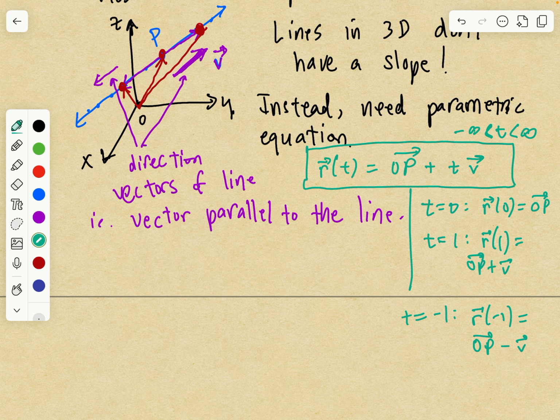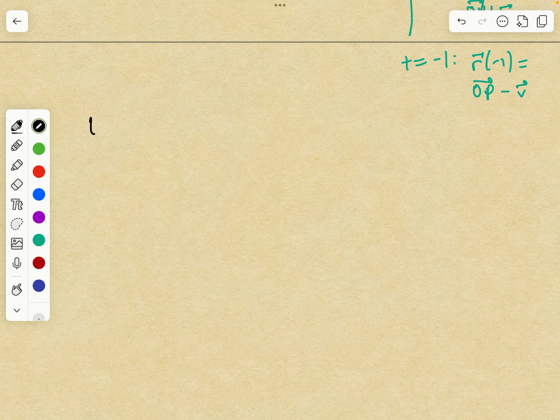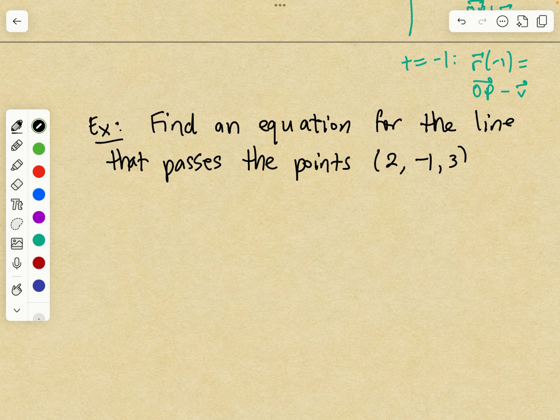Okay, let's do an example. Find an equation for the line that passes the points 2, -1, 3, and 1, 4, -3.